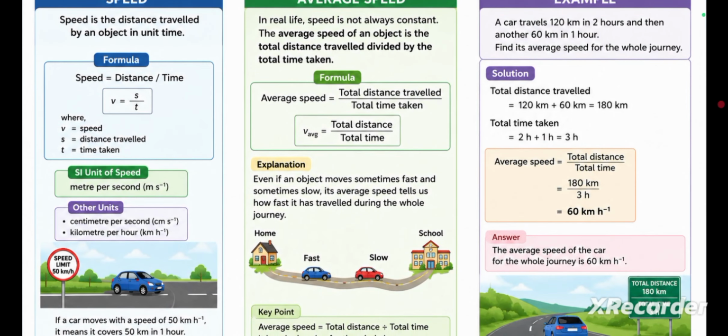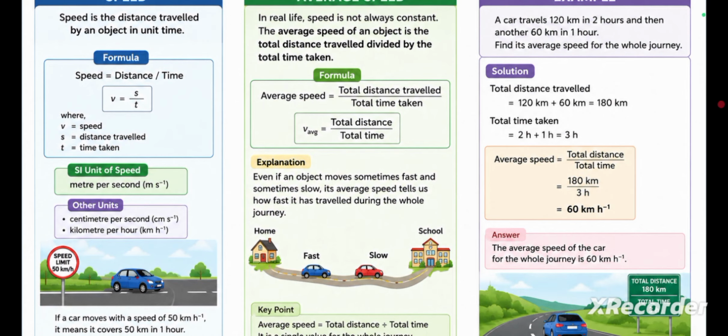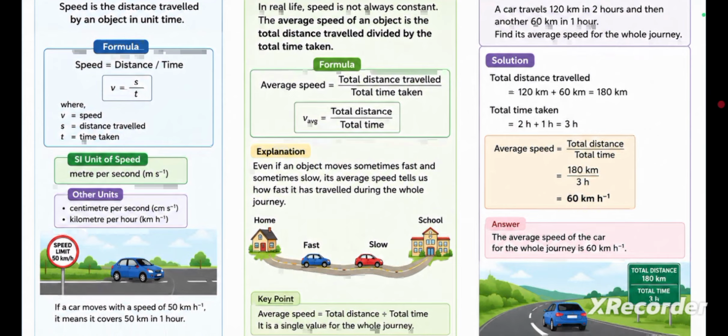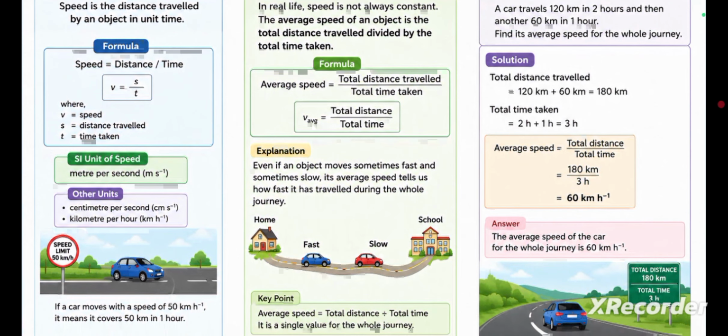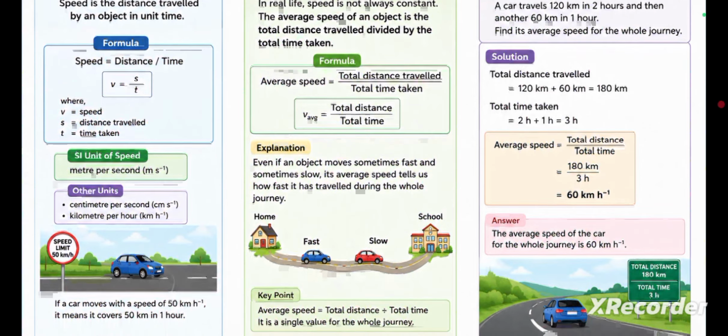So it depends on distance and time. The formula of speed is distance divided by time, in letters V = S/T. Here V is speed, S is distance traveled, and T is time taken. The SI unit of speed is meter per second. Other units are the CGS unit centimeter per second, and kilometer per hour also. These are all units of speed.